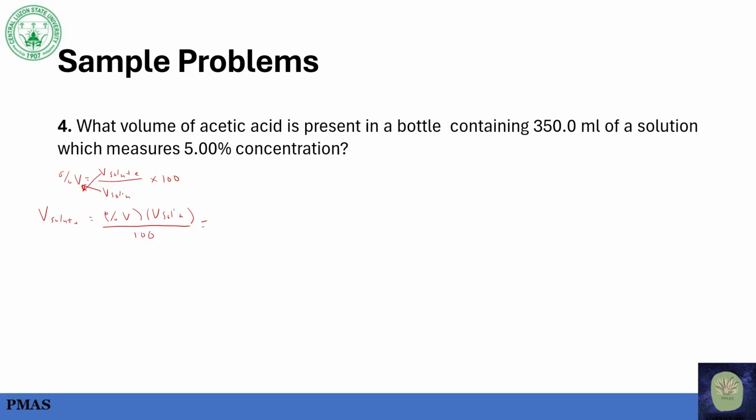Our percent volume is 5%, the volume of the solution is 350 ml, divided by 100. Using your calculator, it should be 17.5 ml.